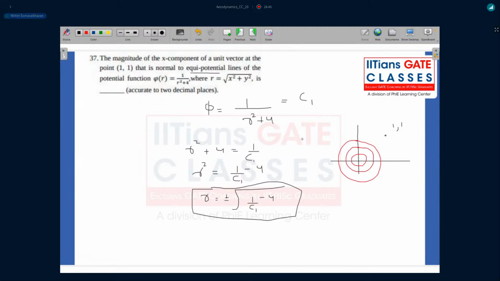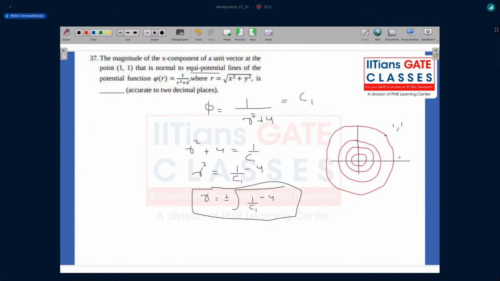Now let's figure out the equation of the equipotential line passing through this point (1, 1).